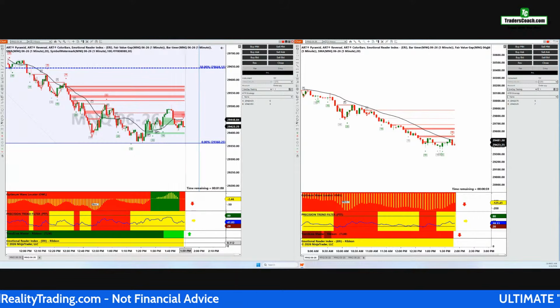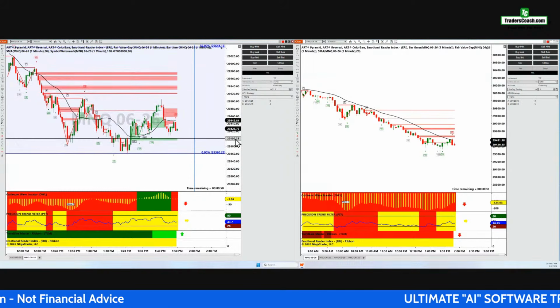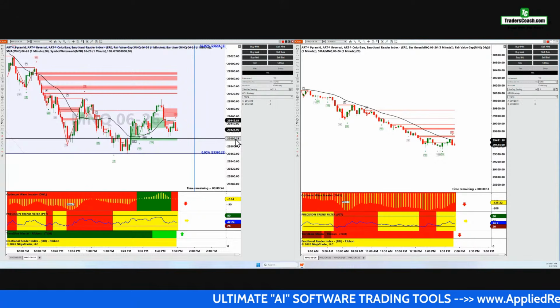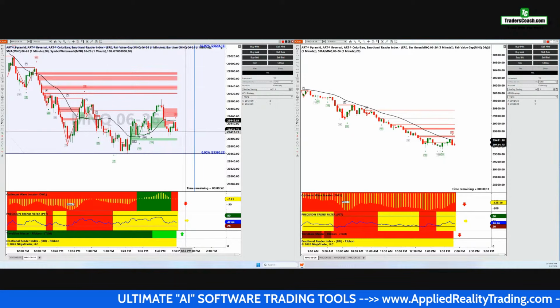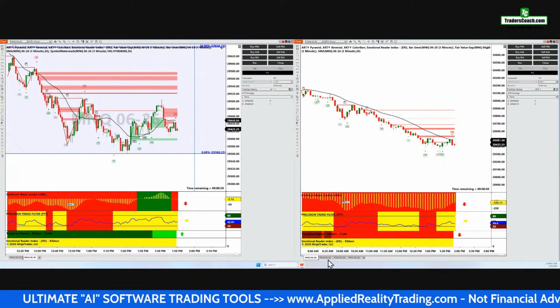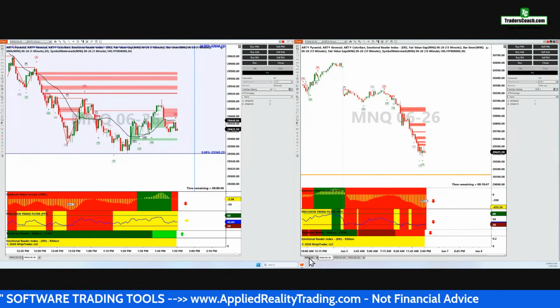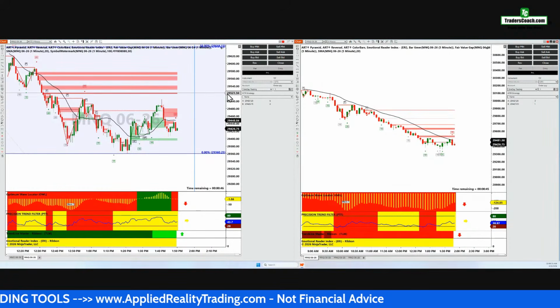All right, that's a pretty good size bar right there. But we'll see. Respected that fair value gap. Bearish bar on the 5. Everything is looking pretty bearish to me.